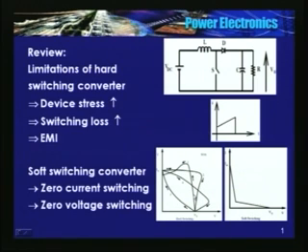Now I had also told that the losses taking place in the device can be reduced by using an external snubber. If I use a passive snubber, the switching losses can be reduced. At that time, this is the locus. There is some controllability. In other words, both dV/dt and di/dt are controlled.